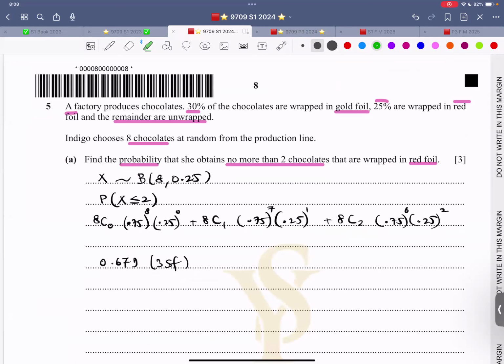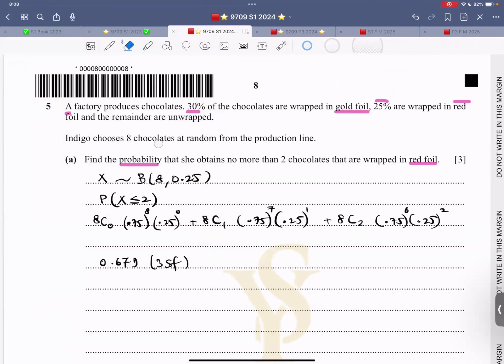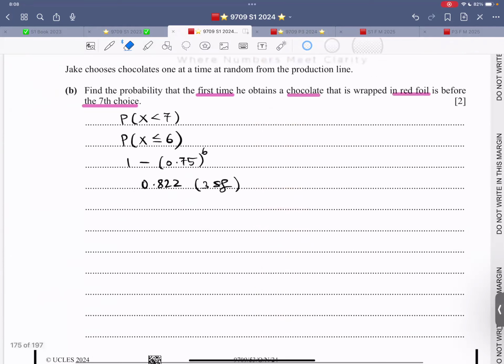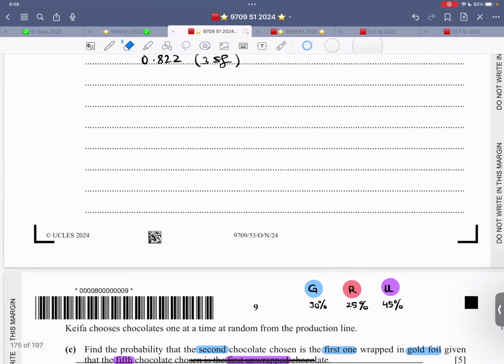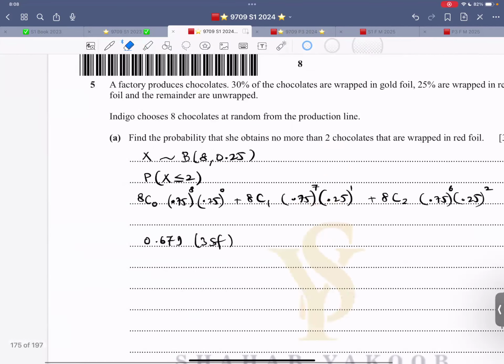A factory produces chocolate. There are 3 kinds of chocolate. Let me just remove all this coloring first. Okay, there are 3 kinds of chocolate: gold, blue, and red.